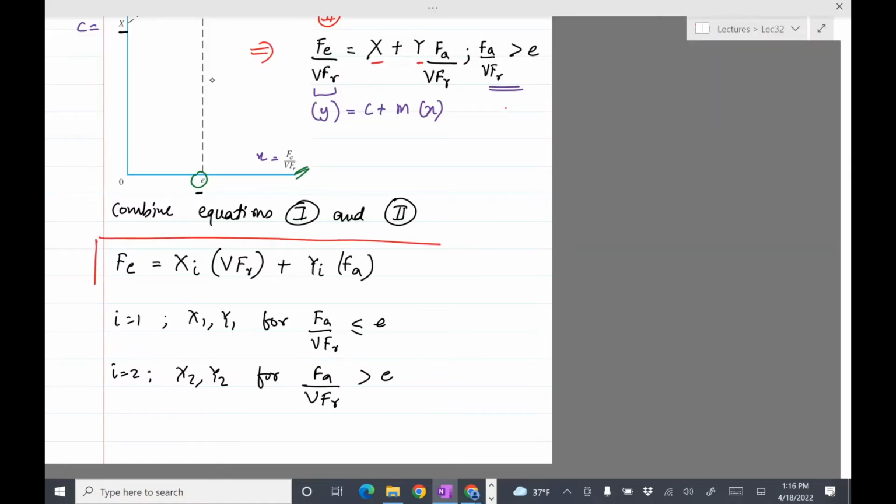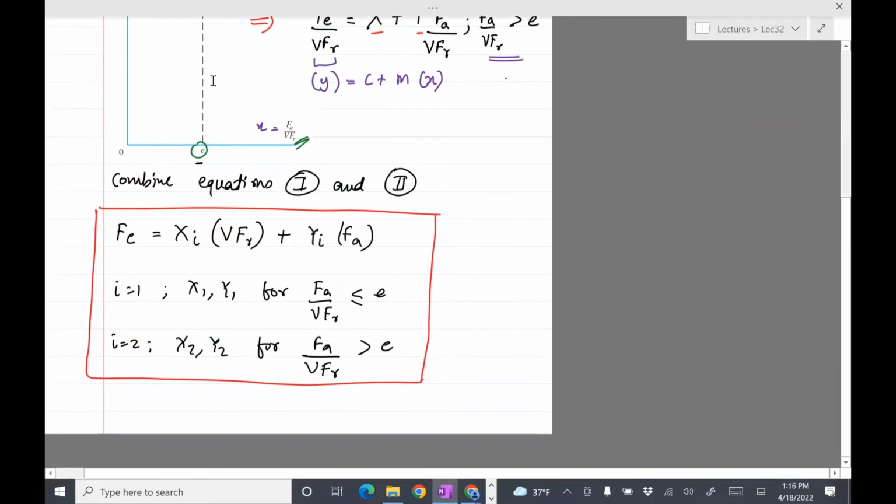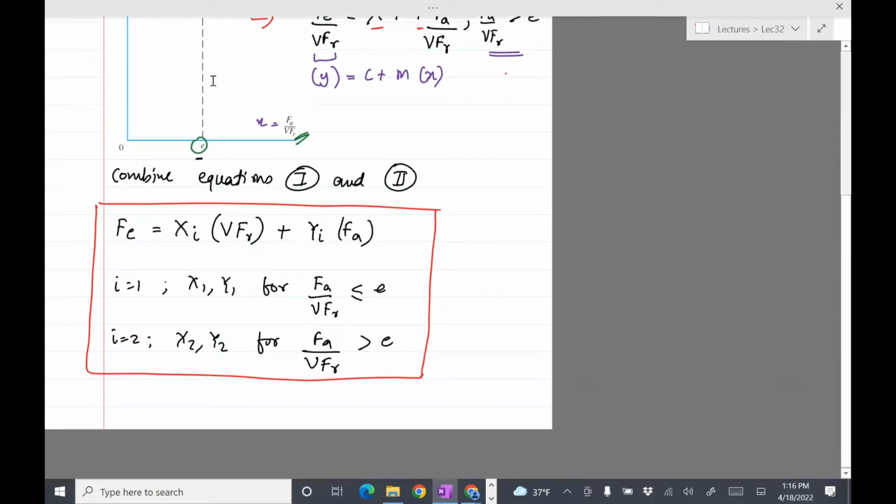It's slightly more complex, but it's one formula for both those parts.